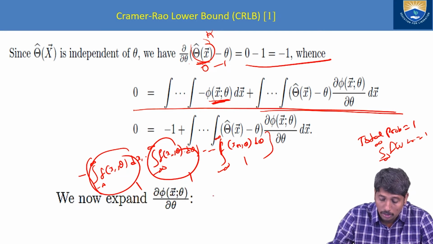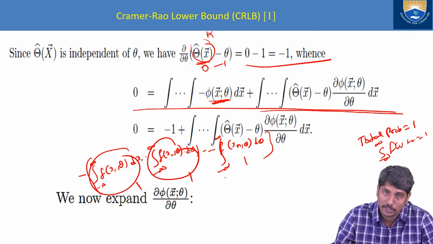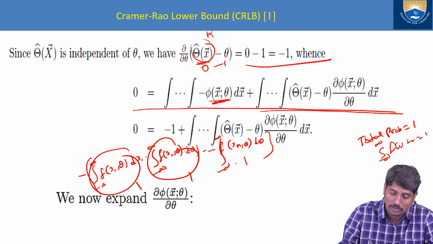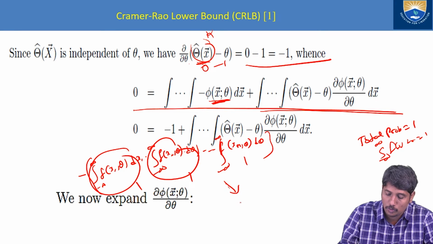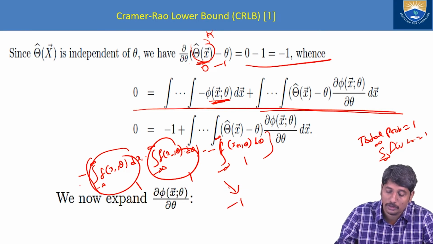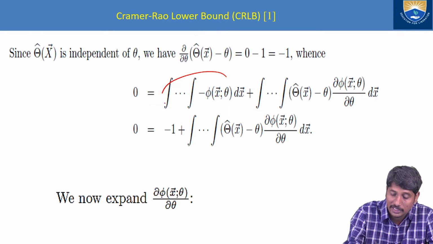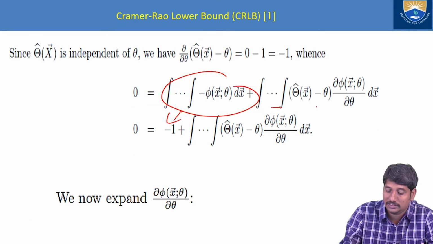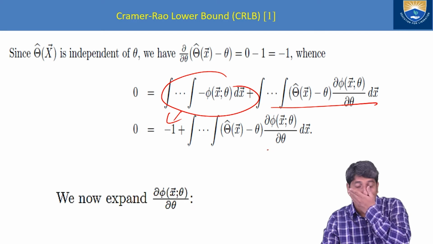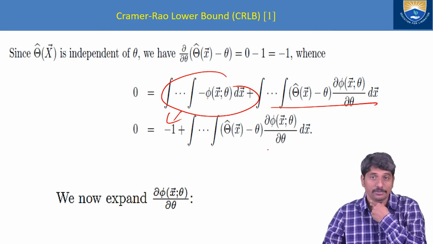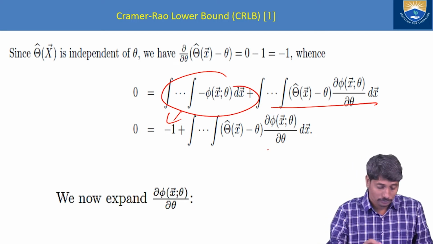So 1 into 1 into 1 for n times means 1. So this entire thing becomes 1, because it is minus 1. So what have we obtained? This entire thing becomes minus 1 and this remains as it is. Okay, this is what we understood from the derivation.